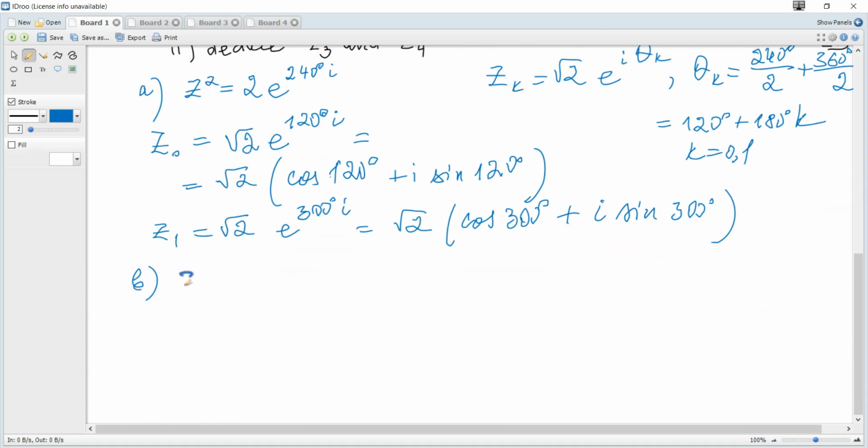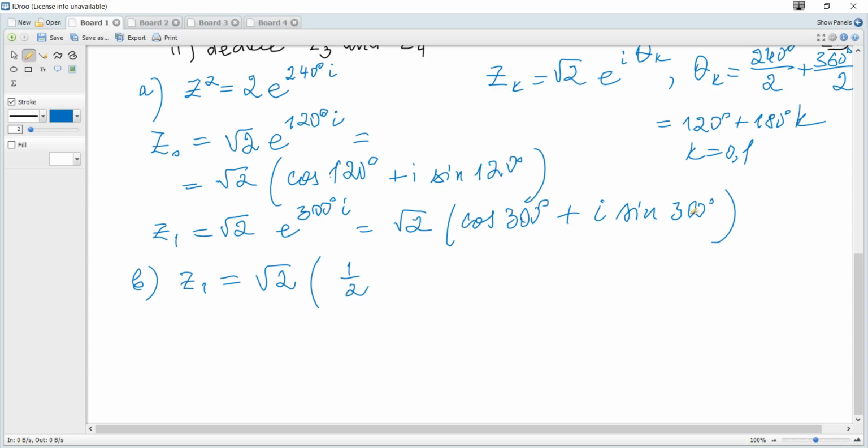So Z1 is this complex number, square root of 2 times cosine of 300, and cosine of 300 is cosine of negative 60 degrees, and cosine of negative 60 is the same as cosine of plus 60, and it's a half.